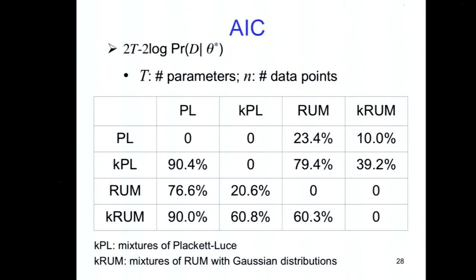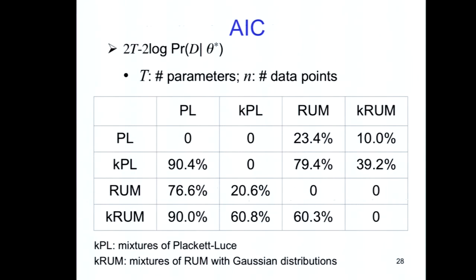And now let's look at Plackett-Luce and K-Plackett-Luce, which is the mixture of Plackett-Luce models. You would say that using mixtures, we have more parameters, so it's not clear which one is better, which is totally true. But let's look at just PL versus KPL. Plackett-Luce is not better than a mixture of Plackett-Luce, but the mixture is better than Plackett-Luce 90.4 percent of the time. What about the remaining 10%?